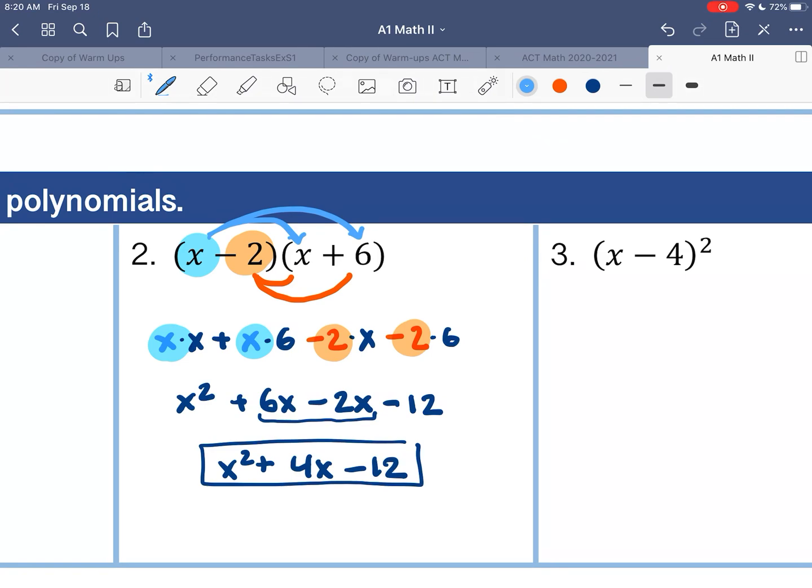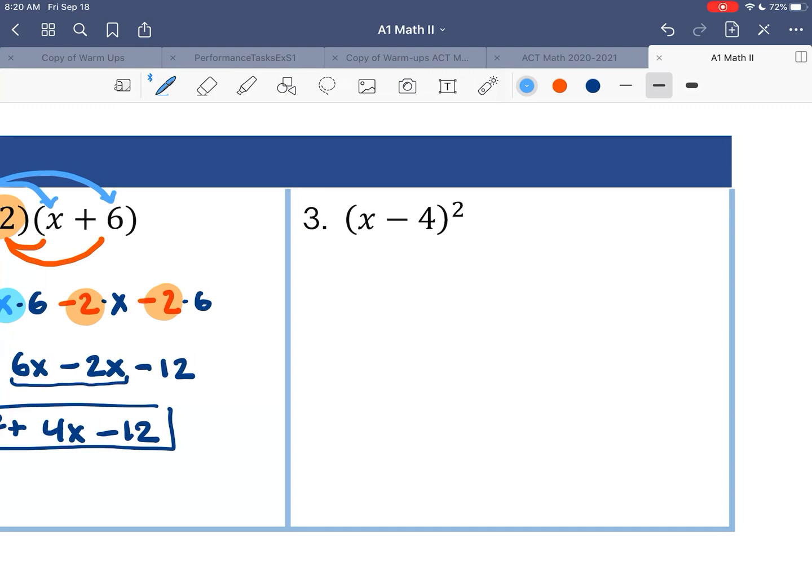It's because of that rule that everything in the first gets multiplied with everything in the second. It just ends up being in a slightly different order before you combine things, but your answer will be the same. So it doesn't actually matter which direction you're multiplying these. You could be multiplying x plus 6 times x minus 2, or what we have on our paper, and you'll get the same answer because multiplication is commutative. So don't ever get stumped by, okay, I don't know which one to distribute into which one. Just do one way and you'll get it right.